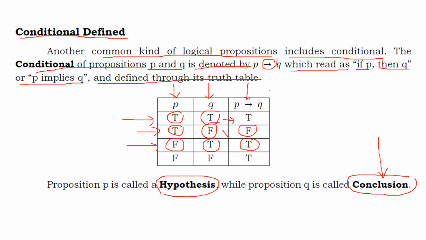We just simply follow the truth value of your conclusion, proposition Q. Now, in your last row here, if one of your propositions is false and the other one is also false, then the resulting conditional of propositions P and Q is now equal to true.